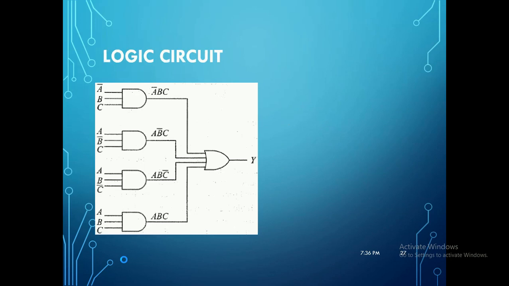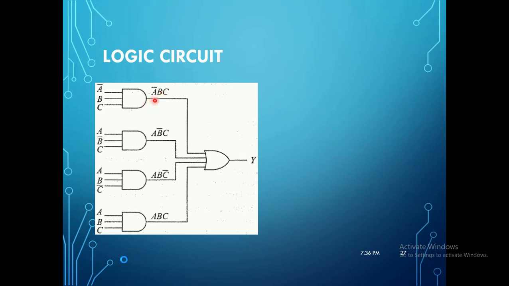Now let us represent the circuit for the previous example. So if you can see that at 3 we had a mean term. We have got 1 there for the mean term 3, 5, 6 and 7. So that same thing we have written over here.